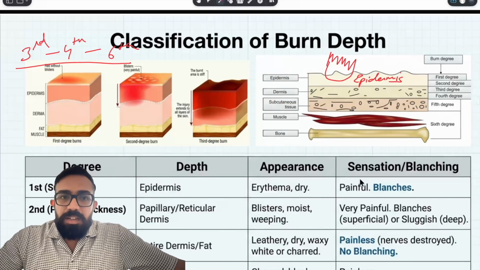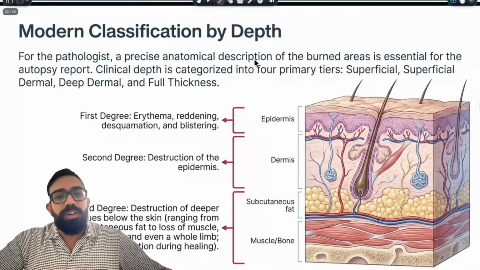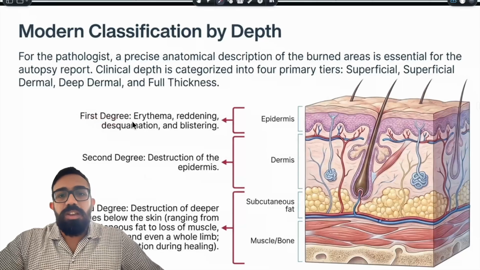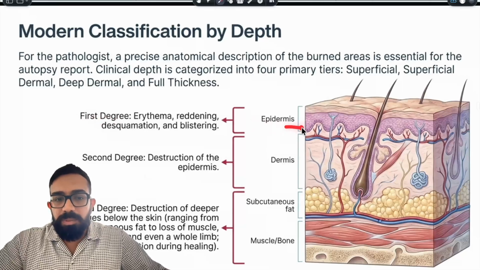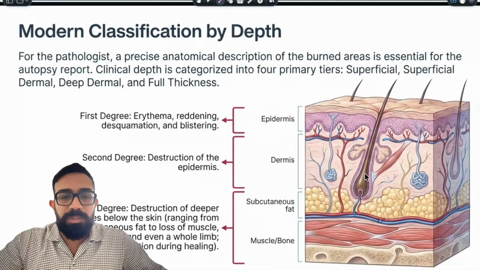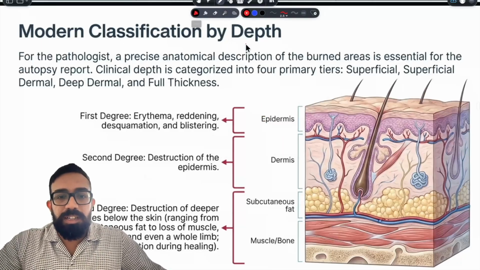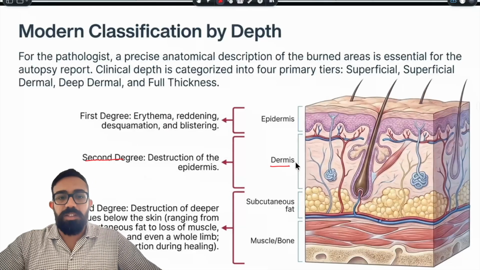With that in mind, now we'll go to the 3 degree classification. In this classification, we say burns are first degree when the epidermis is involved. We say a burn is second degree when the dermis gets involved.